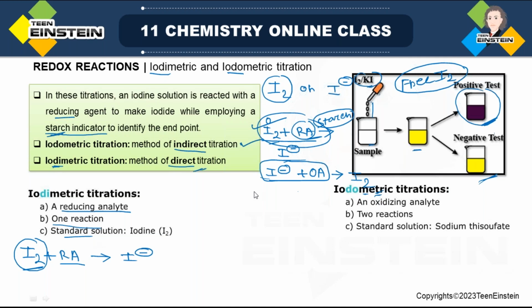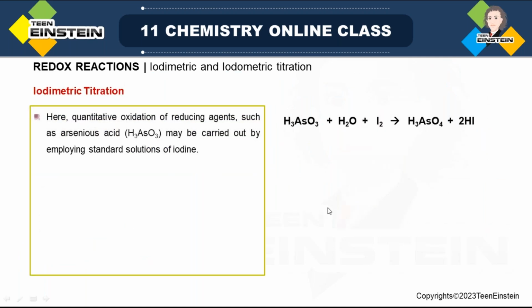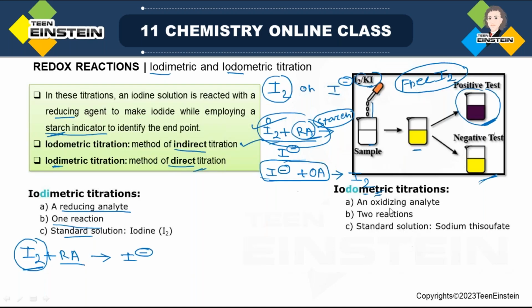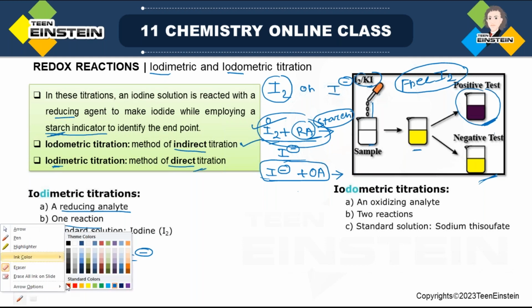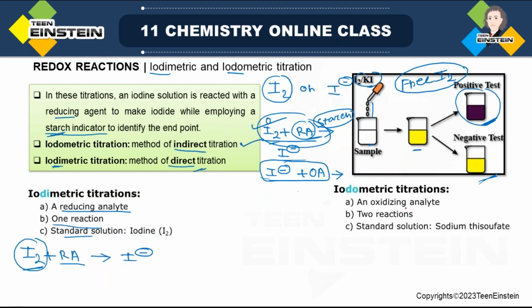So when it is iodometric, in this case, the analyte is the oxidizing agent and two reactions are involved. The standard solution is sodium thiosulfate.